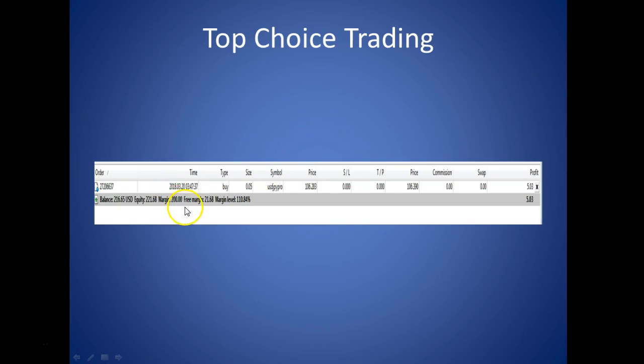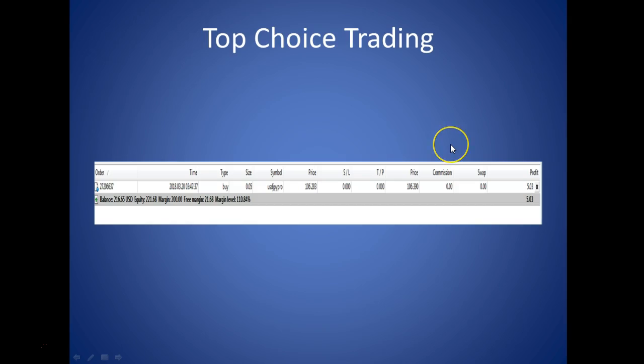So that only gives me $21.68. So if this trade were to go against me by $21.68, even though I have a 100 pip stop loss, and I can't lose that much, the broker is going to close this trade. It's going to be a margin call. So that's why it's important that you don't overtrade, because it would only take 33 pips to close this trade, not 100.